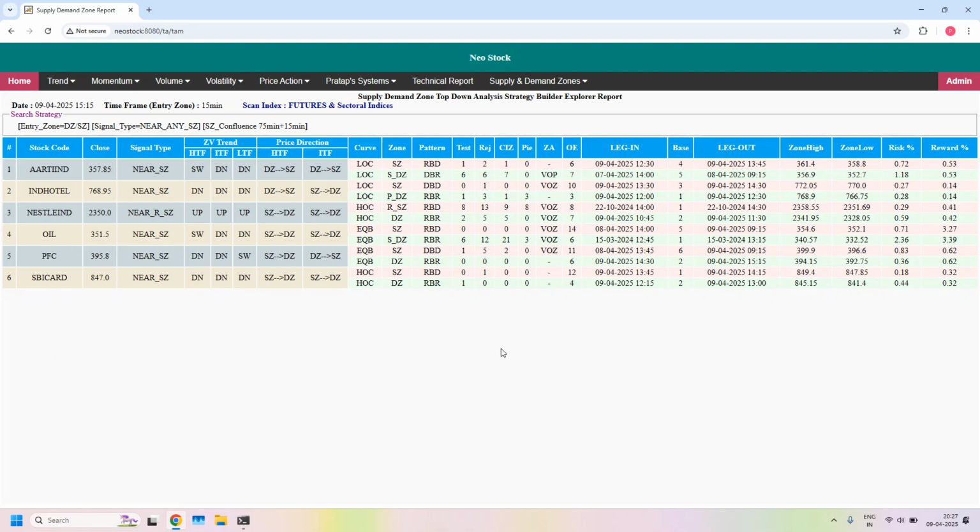Six stocks are filtered. This is a pierced zone. 8 times it is pierced. Interesting. Check any LOTL zone or traps are available.